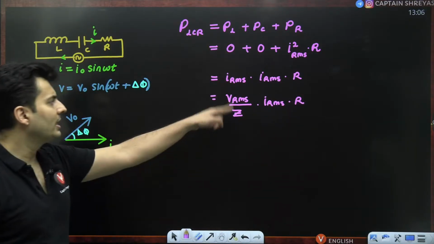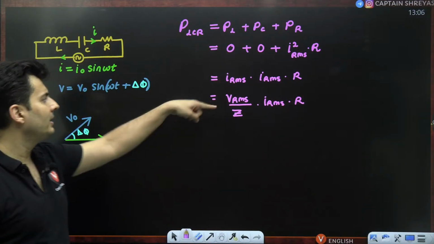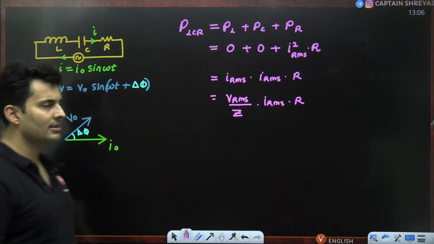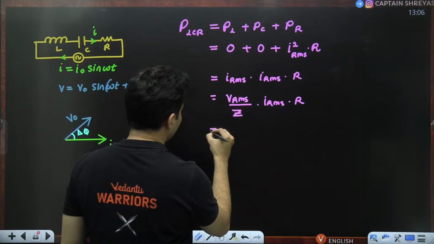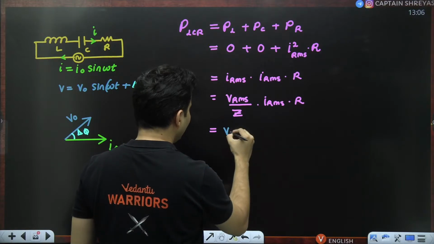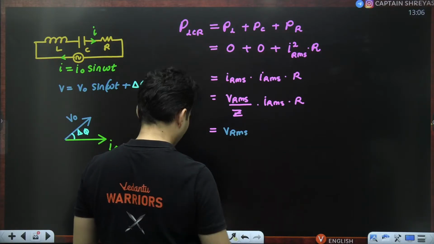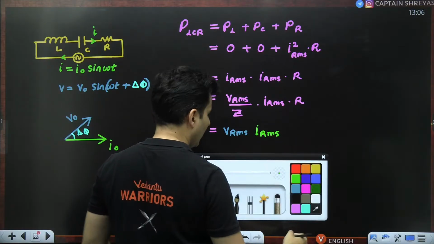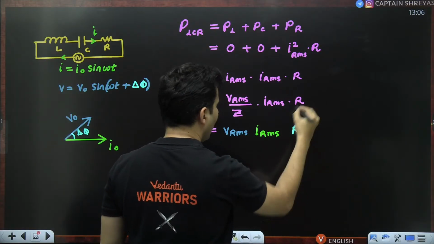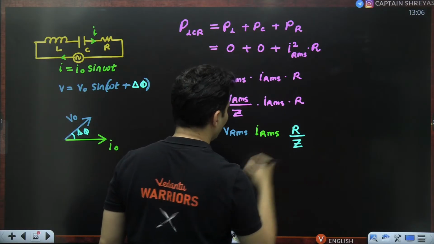I is voltage by resistance, but this is the total current. So total voltage by the total resistance, which is the impedance. Now I will just rewrite this slightly. So I will put VRMS over here, IRMS as it is, and then I will write R by Z over here.